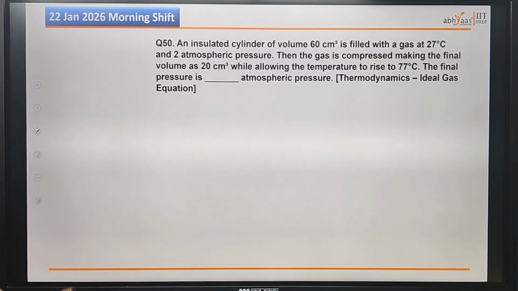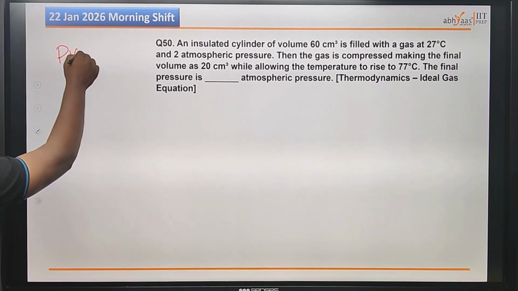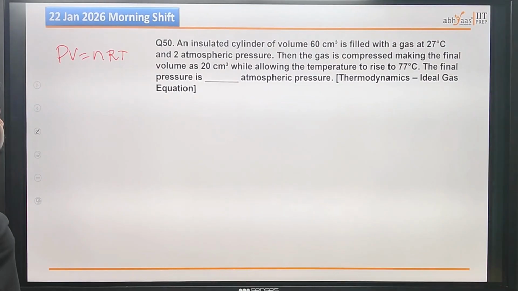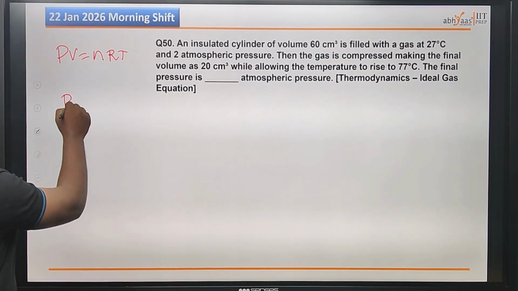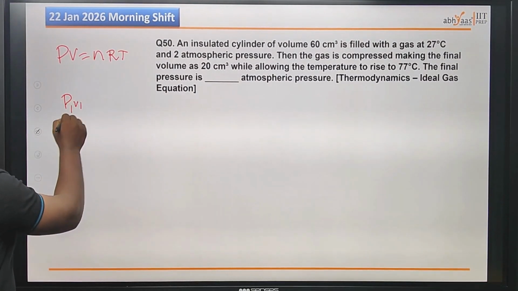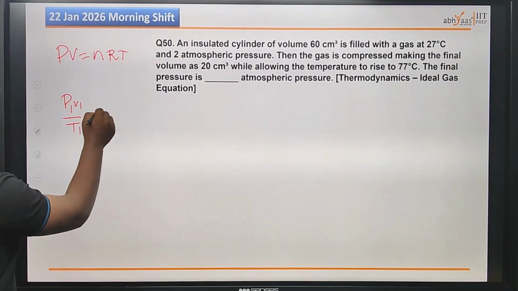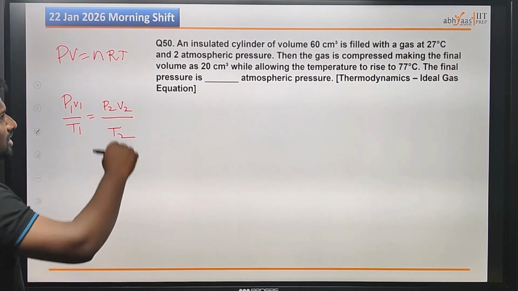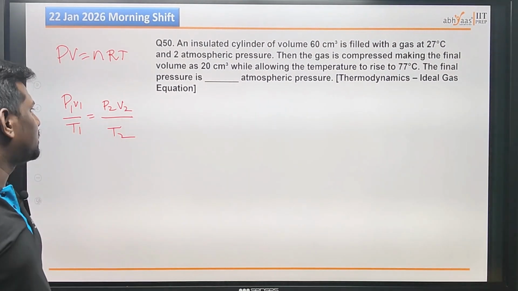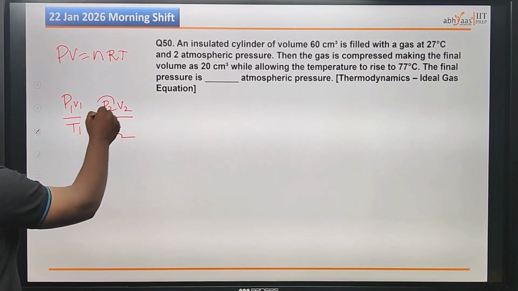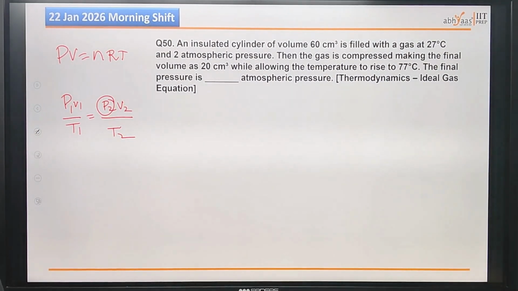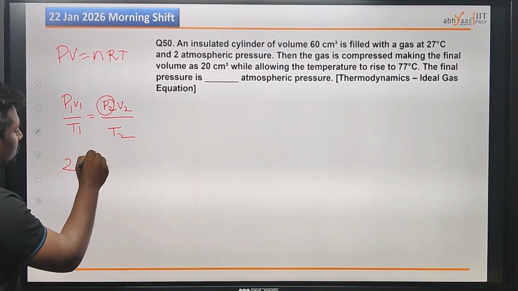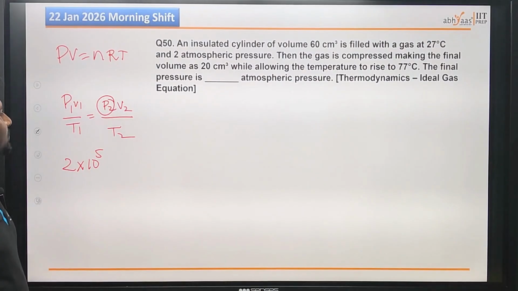We know that PV equal to nRT. From this you can write P1 V1 by T1 equal to P2 V2 by T2. What are they asking? Final pressure they are asking, we have to find P2. What is P1? 2 atmospheric pressure, so 2 into 10 to the power 5.